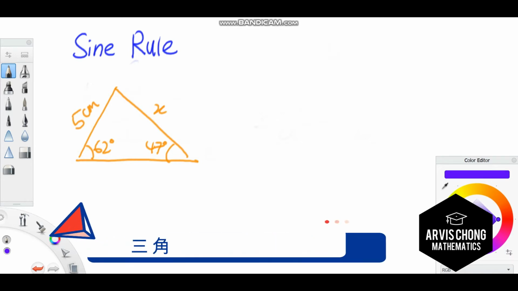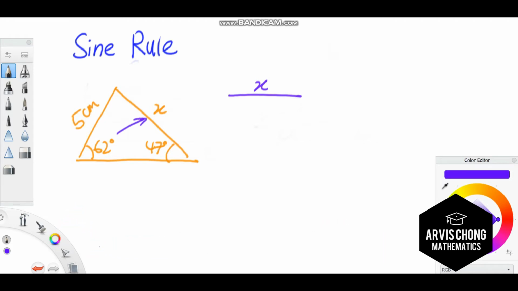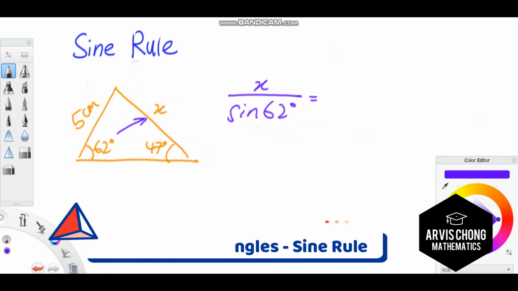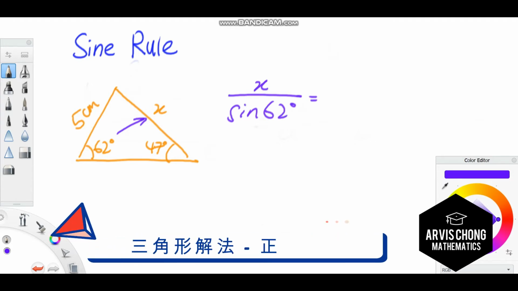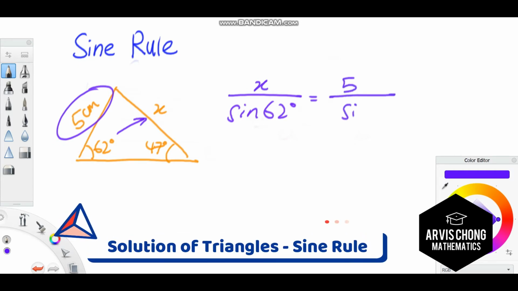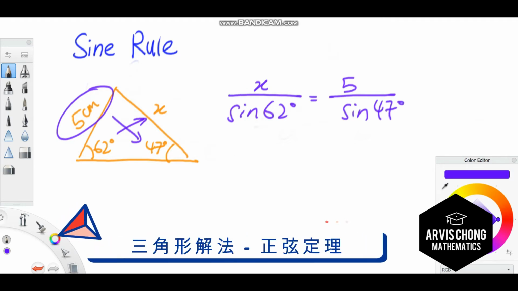Here is x over sine 62, the opposite angle, equals 5 over sine 47, the opposite angle.